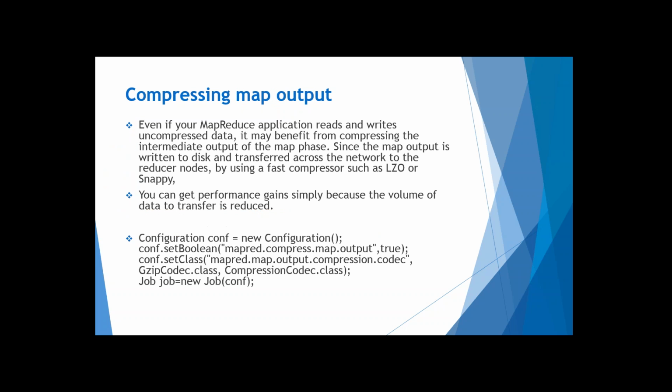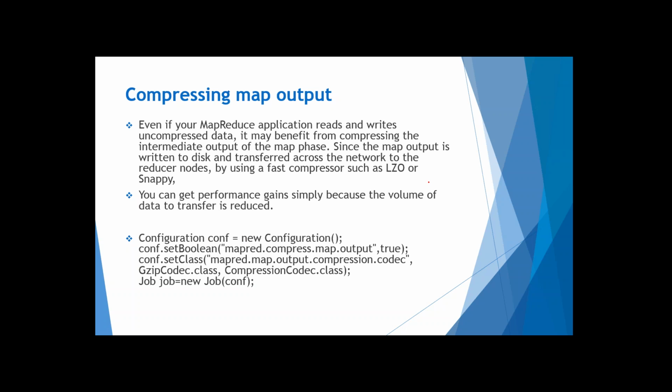And the third place is the map output. That is the output from the map class, the data which is going to the reducer. Here we can definitely reduce the network transfer because the data which we are sending is less and compressed. However, the compression and decompression have to happen in the same job. So that might require more CPU and some time, but definitely this reduces the data transferring over the network.